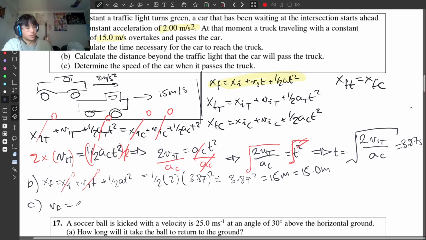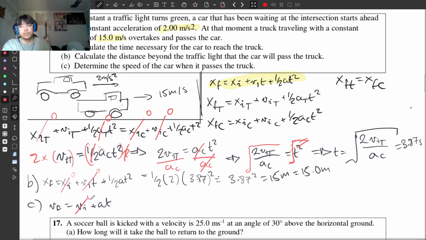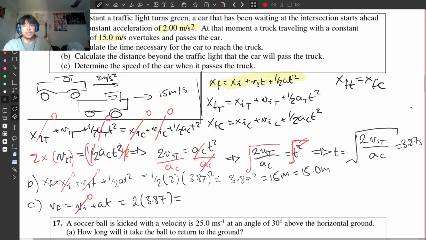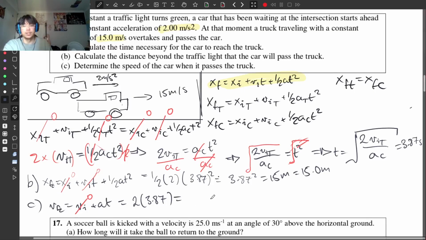VF is equal to VI plus AT. Now here our initial velocity is 0, and our acceleration is 2, and our time is 3.87. So our final velocity, I should probably specify of the car, so that's just a little c.